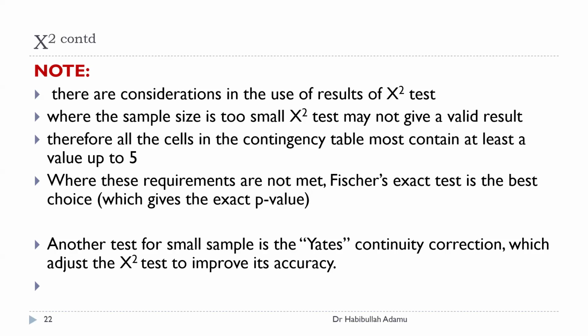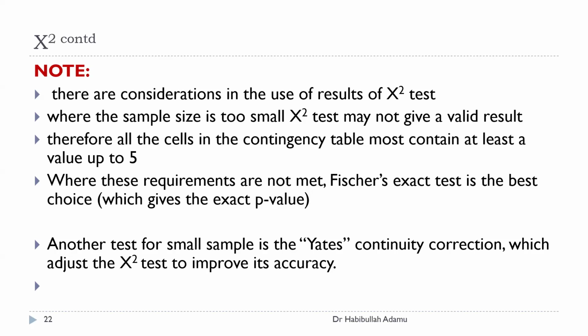Usually when you are running the analysis, if you are using SPSS, you will see that there is a place where you select Fisher's exact. It will give you the Pearson chi-square value and its corresponding p-value, which is the one that is usually used.